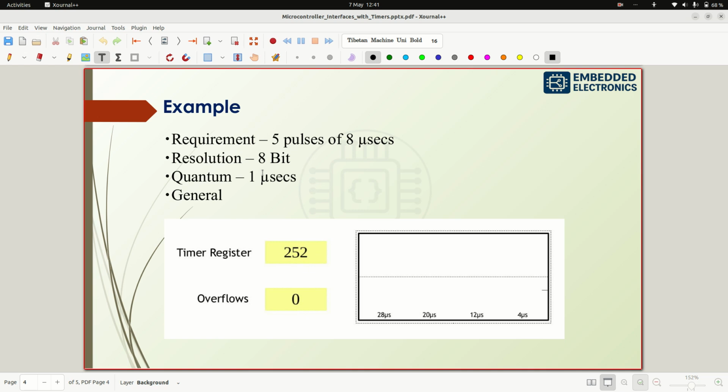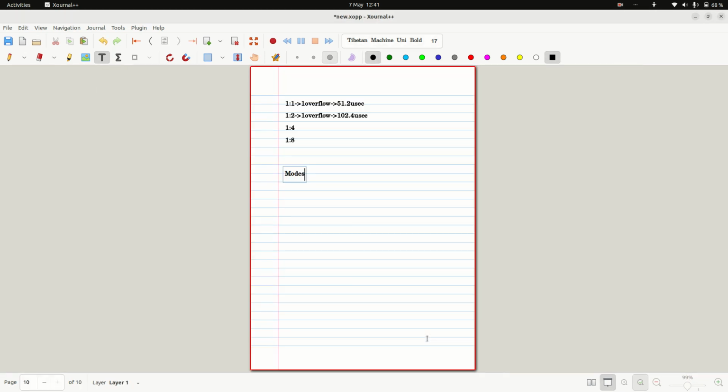So what is a pulse? A pulse is nothing but a square wave with 50% duty cycle. So 50% on period and 50% off period. Okay, let me draw one pulse. This is the on period, and this is the off period.